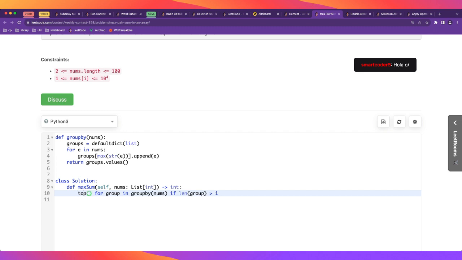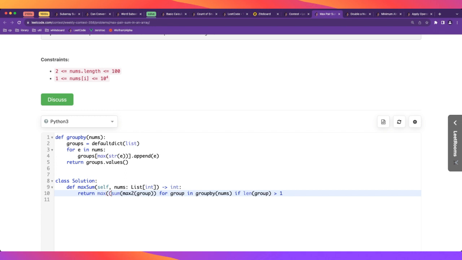Let's imagine that we have a function, why not, that gives us the top 2, or the max 2, however we want to call it, and then we want the sum, and then the maximum of all the groups, just like before.